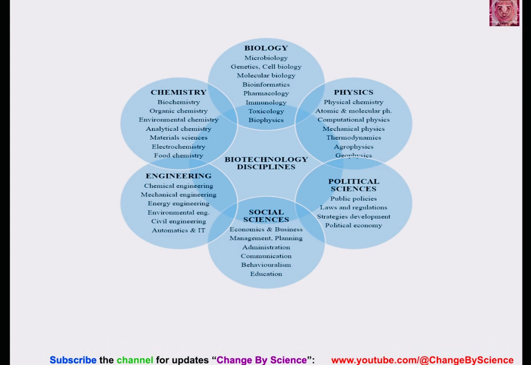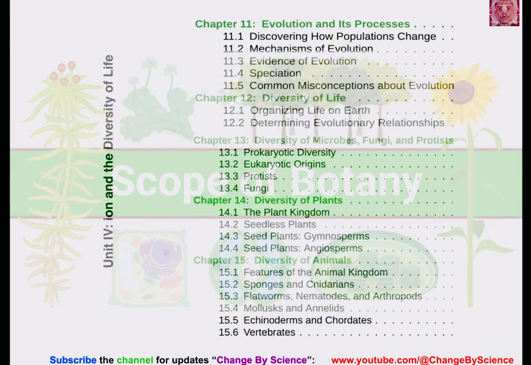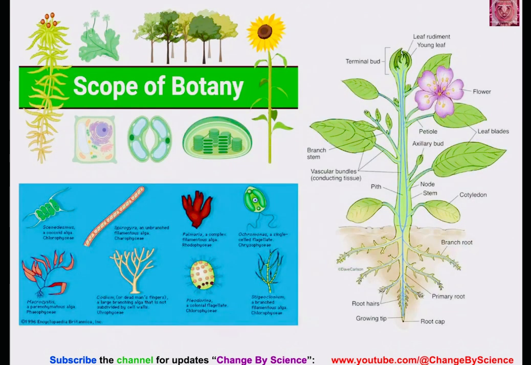For example, biology, physics, political science, a little bit of social sciences, and of course engineering and chemistry. Next are the other chapters: evolution and its processes, diversity of life, diversity of microbes, fungi, and protists, diversity of plants, diversity of animals.